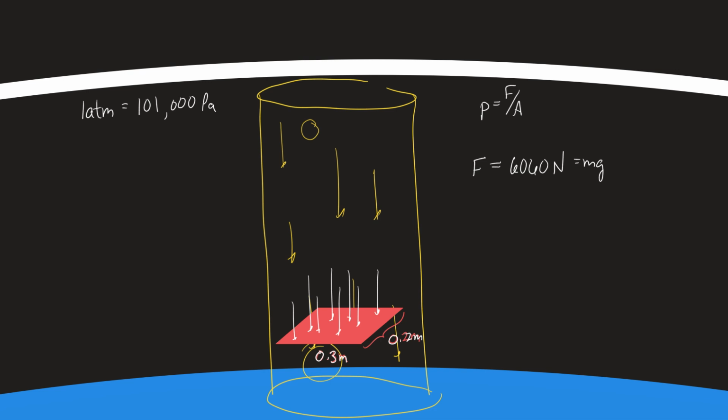So what is the mass of air that's above me, or above my laptop? You just divide it by 9.8. Yeah, go ahead. 618.36. All right, 618 kilograms of air. That's a lot. I don't know that I can lift 618 kilograms of air, but I don't know that you know if that's a lot or not.